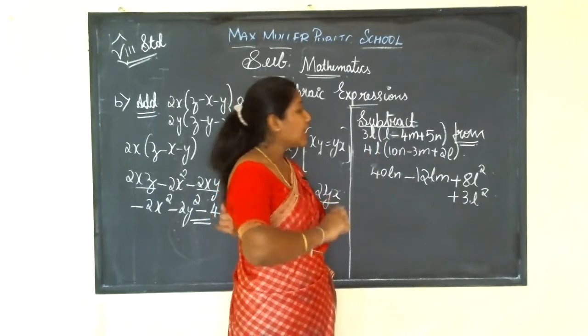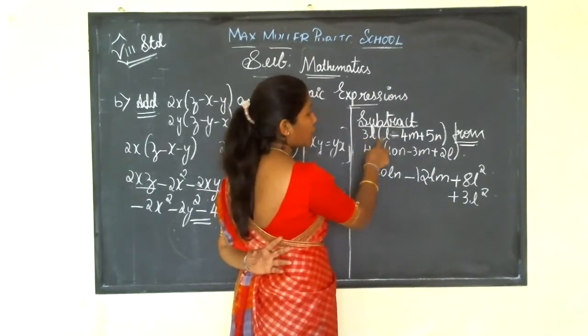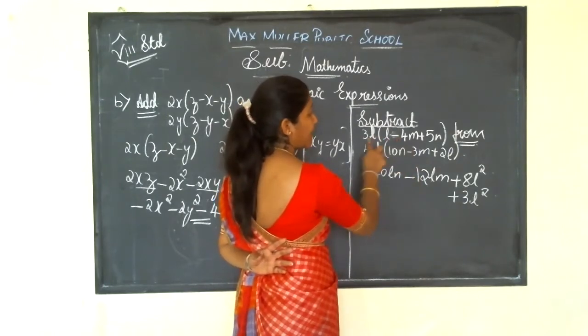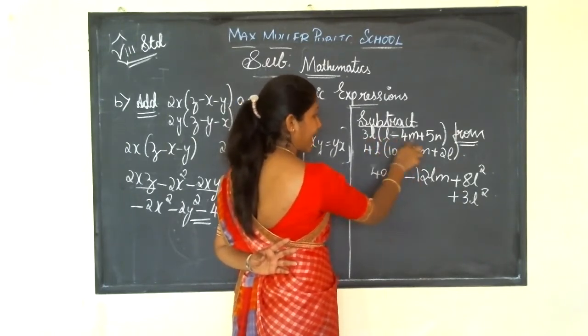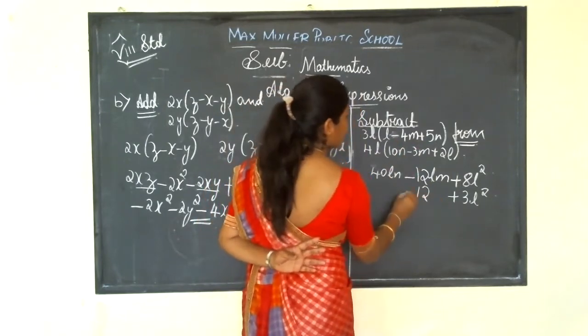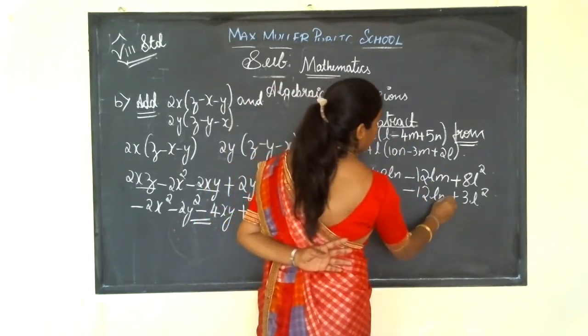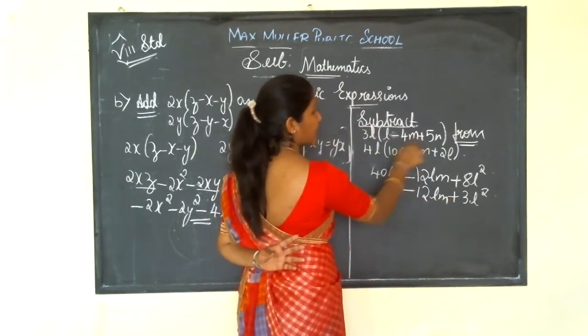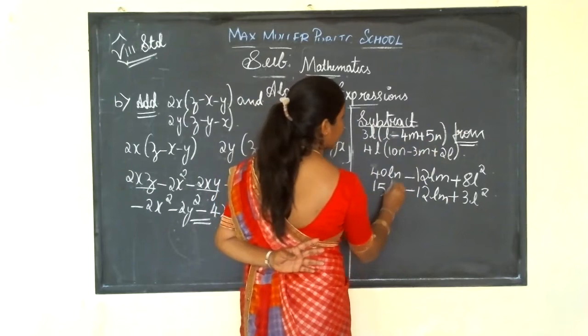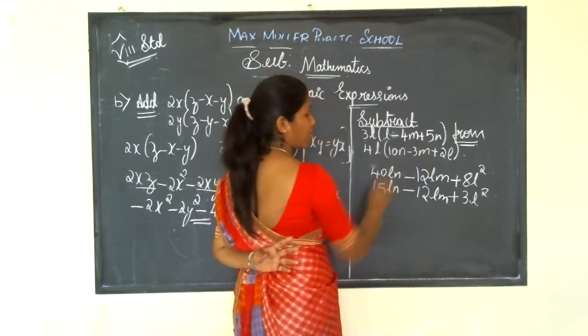So 3 ones are 3, L into L square, and 3 fours are 12 LM. Okay. And plus into minus, minus LM you have to write. And here 3 fives are 15, L into N, LN. Both are having positive sign.